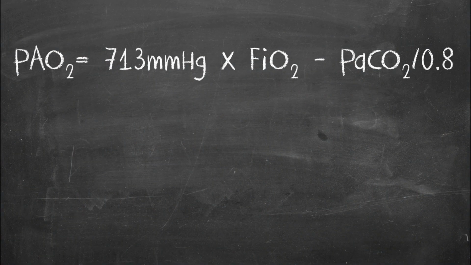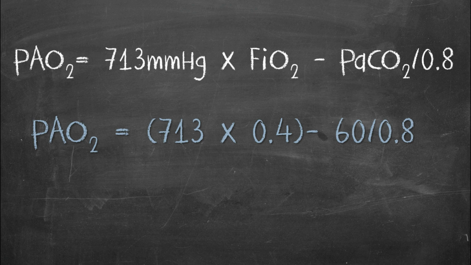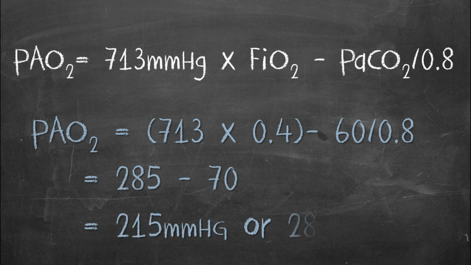So the P alveolar O2 is the atmospheric pressure minus water vapor pressure, multiplied by the inspired oxygen fraction at 0.4 in this situation, minus the PaCO2 divided by the respiratory quotient that we're taking at 0.8 because we don't know any better. So that works out at 713 multiplied by 0.4 minus 60 divided by 0.8, or 285 minus 75. That works out at 210 millimeters of mercury or 28 kilopascals.